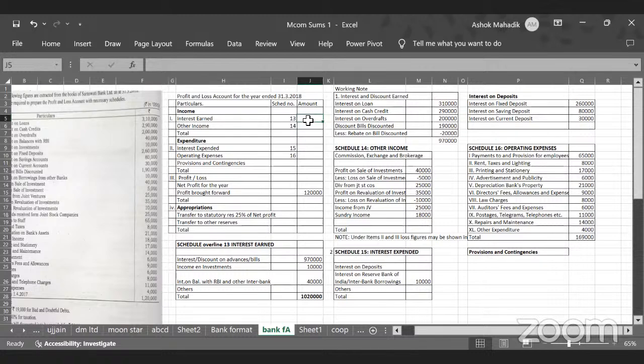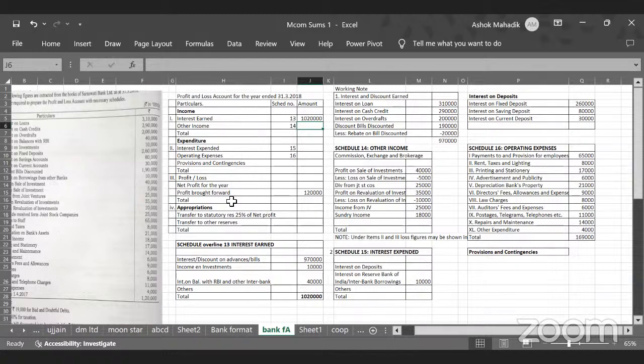Although the P&L appears to be a smaller one, each of the major items requires you to make a schedule in which all the details are recorded. So you can see this P&L is just a summary. The details are in the schedule.